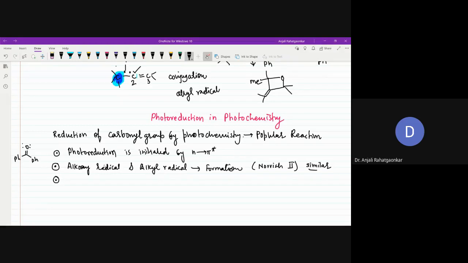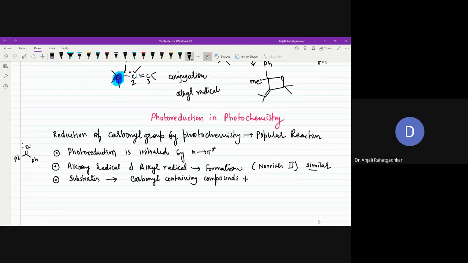Then what are the substrates we are using? The substrates are the carbonyl containing compound, and whenever I talk about substrates, it means there is more than one substrate.